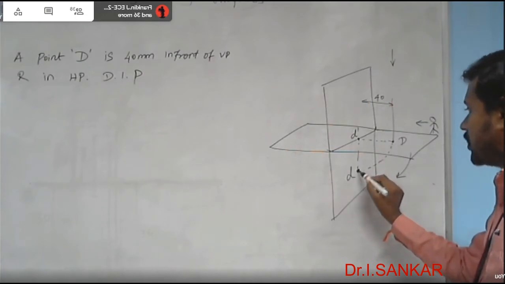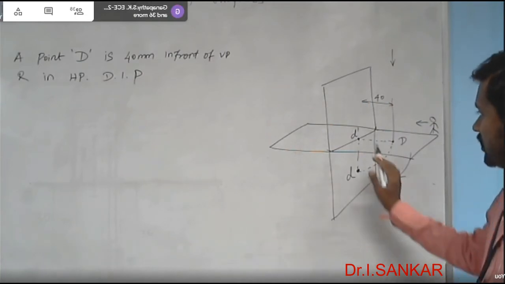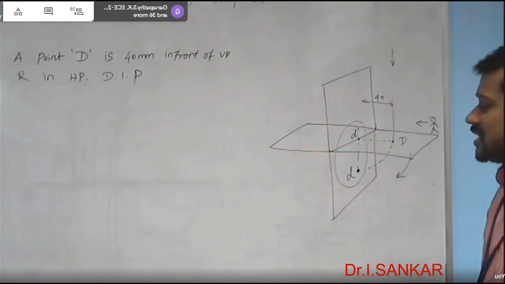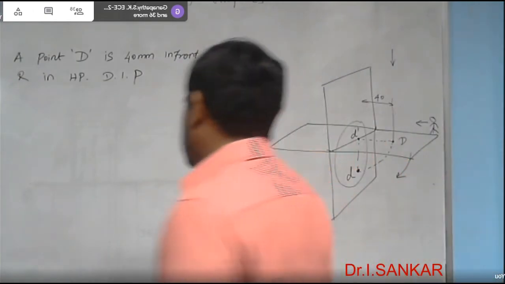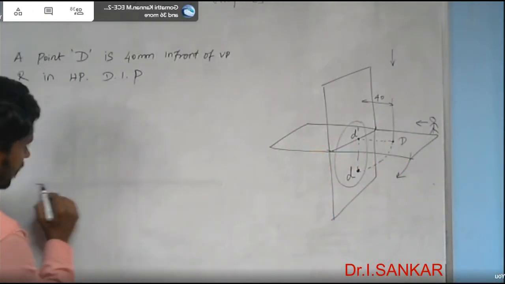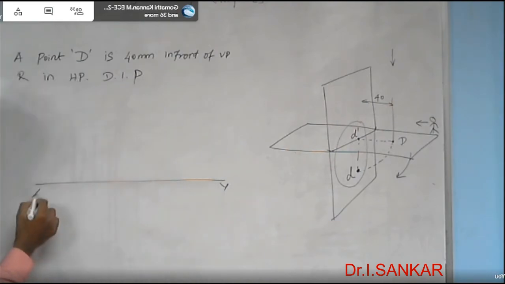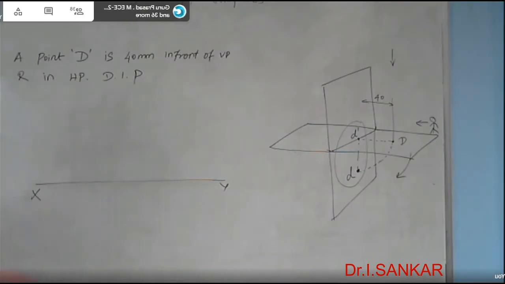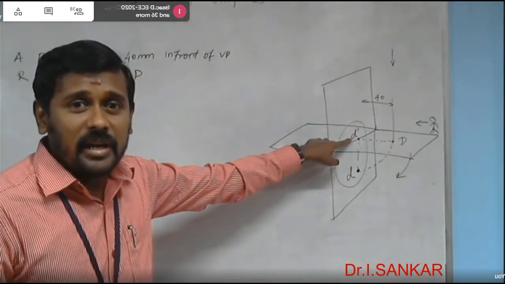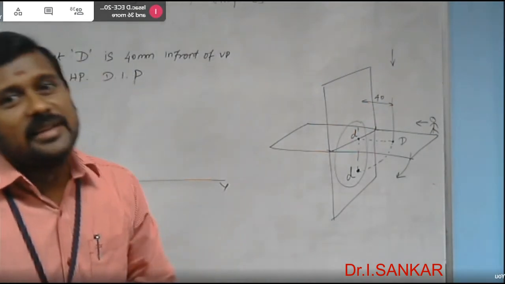So this is the D. With this you can draw D dash and D. I am drawing it in a rough manner without proper tooling. The front view D dash will be obtained on the XY line itself.